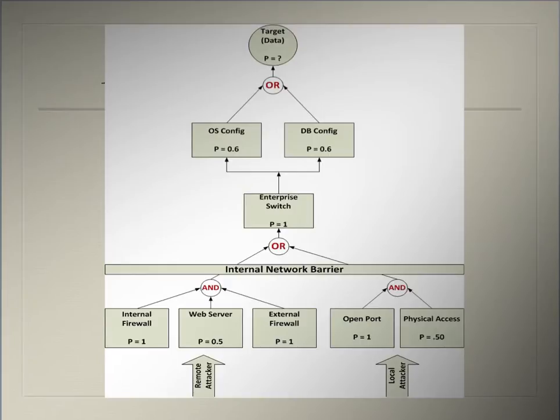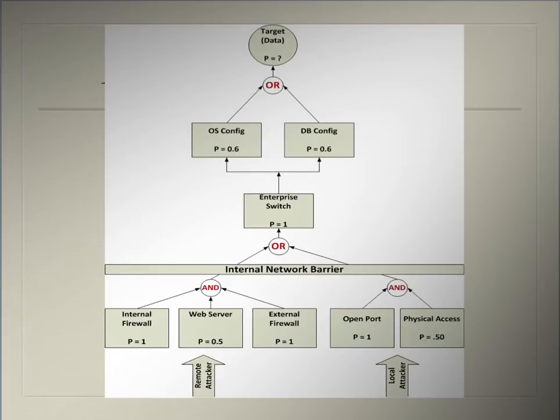In probability theory, when you have multiple things that must be true, you multiply them together. In this case, if we multiply them together, we have 100%, 50%, and 100%, we end up with a 50%. So we have 50% going up to the enterprise switch, 50% chance that a remote attacker can bypass the DMZ consisting of these two firewalls and the web server and get to the enterprise switch.